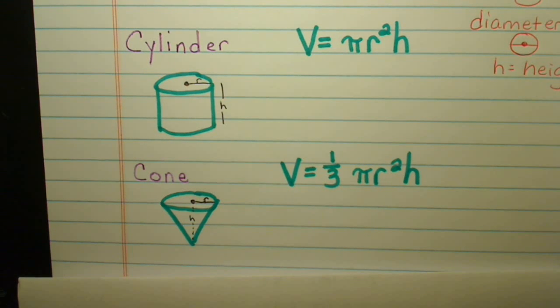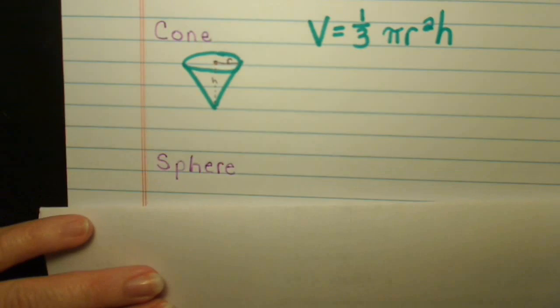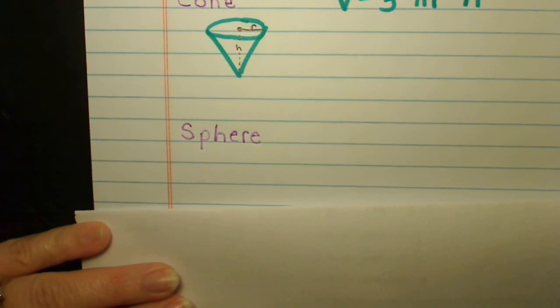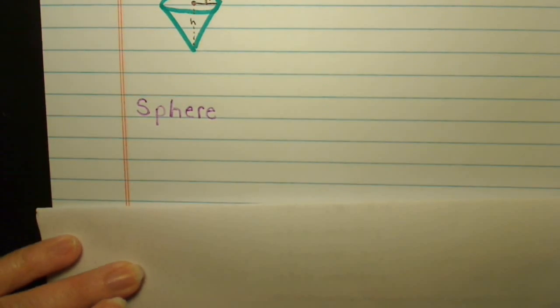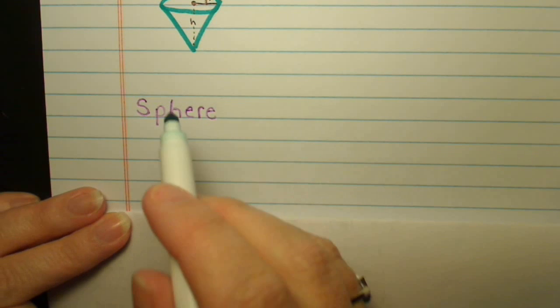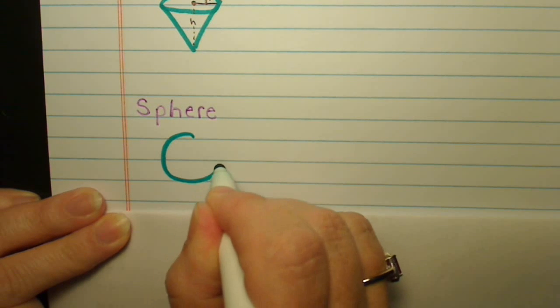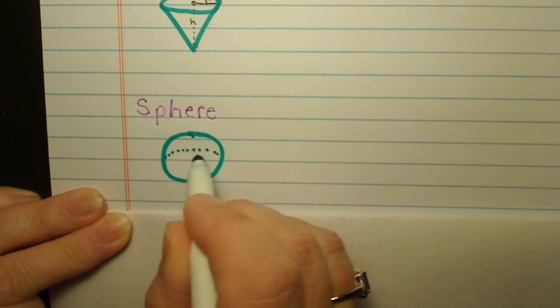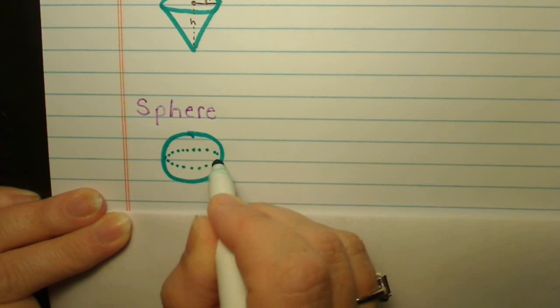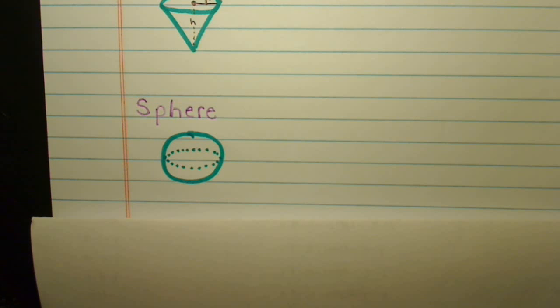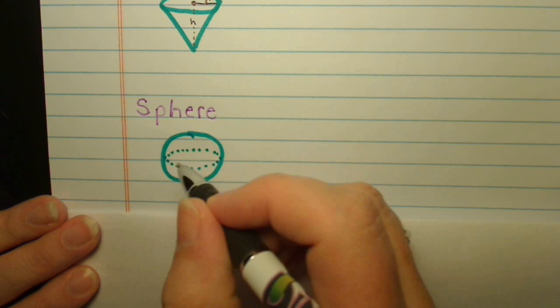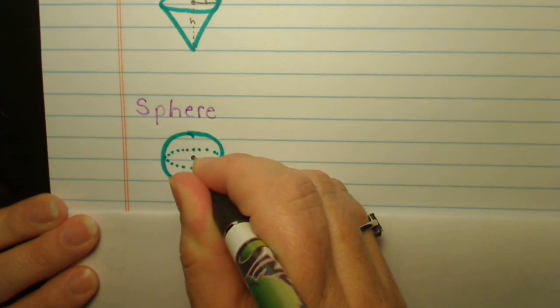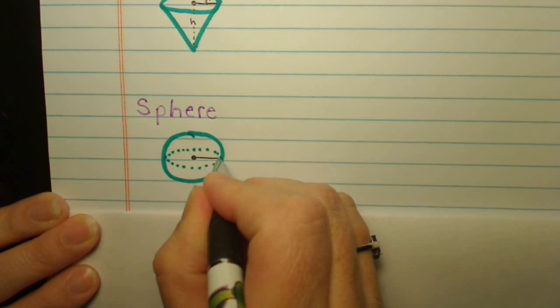Okay, and the third type we're going to learn about is how do you find the volume of a sphere? And a sphere is a circle, and it's like this. So we're going to look inside, basically inside of it, and we're also going to use the radius here. So the radius is going to be your distance, once again, from the center to the outside.